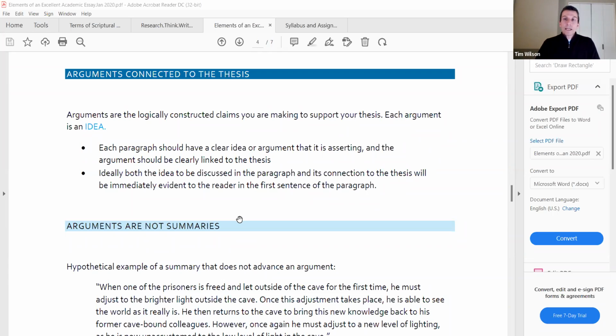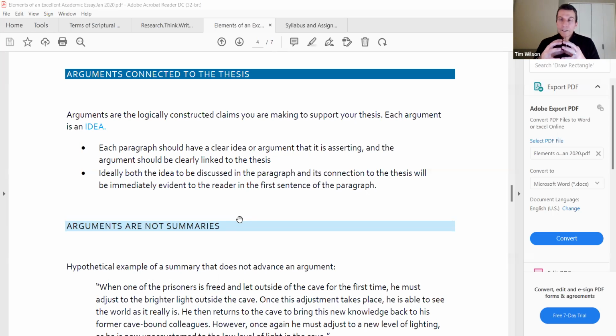Next, we have to think about the arguments that are connected to the thesis and how they are going to support your thesis. Think of each paragraph as having a clear idea or argument that it's asserting. Each paragraph should almost be its own little entity and should be able to stand on its own as an idea and as an argument.